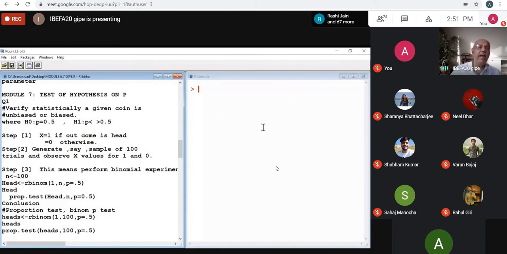So one parameter is the starting probability, proportion, percentage. Verify statistically whether a given coin is unbiased or biased.